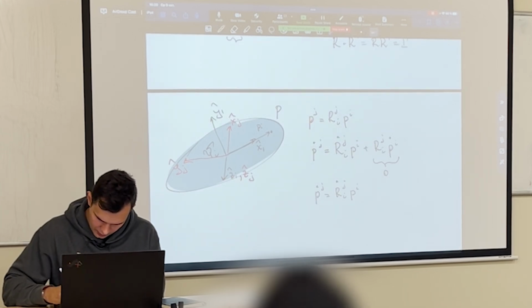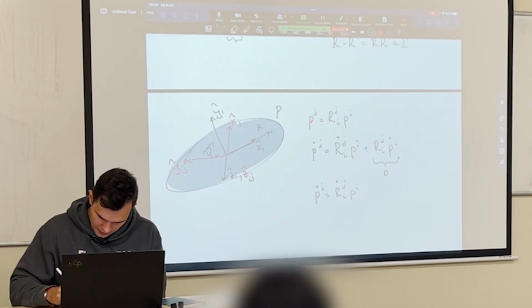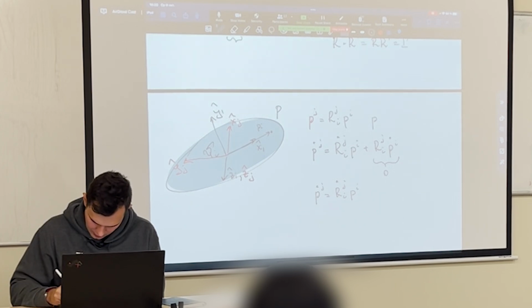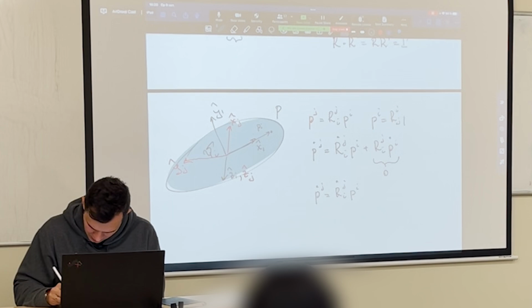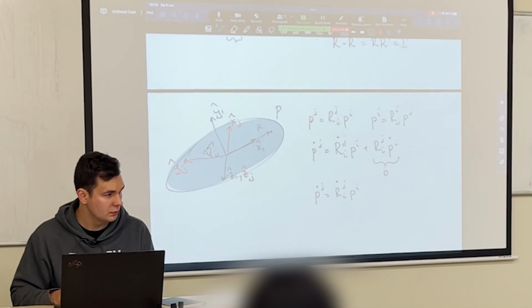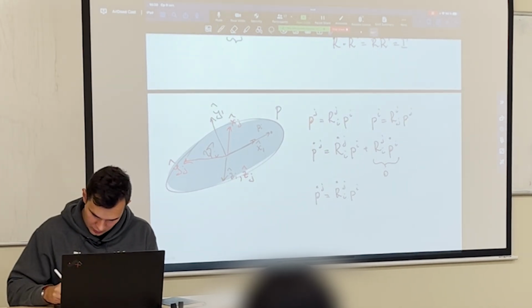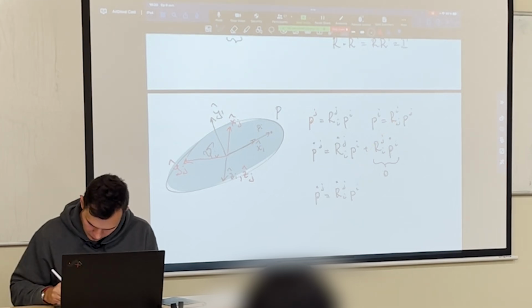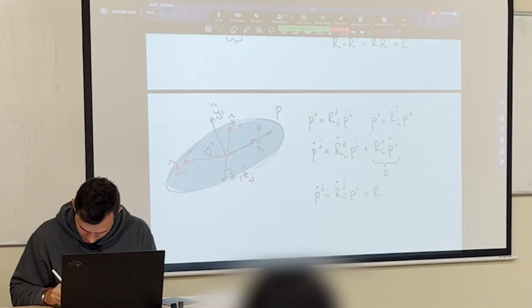And for the Pi, we can write that it equals also Rij Pj. And we can put it here. And it will be R dot ji Rij Pj.